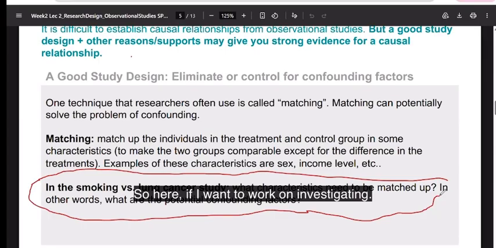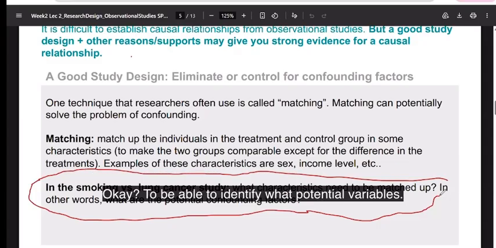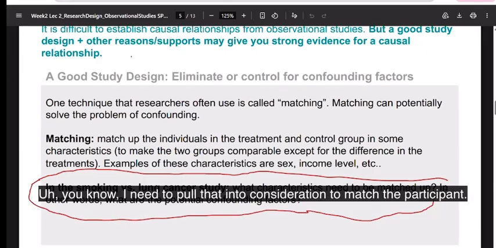So if I want to investigate how smoking affects the risk of getting lung cancer, I have to read different articles to identify what potential variables to consider as confounding factors. Because the confounding factors are the ones I'm going to match. I need to put that into consideration to match the participants.